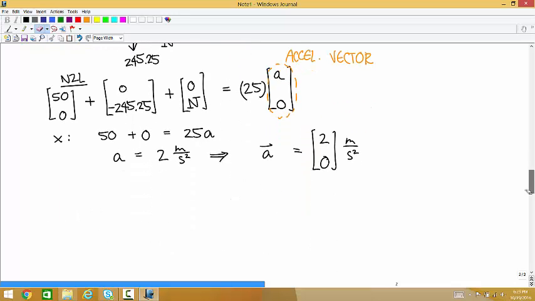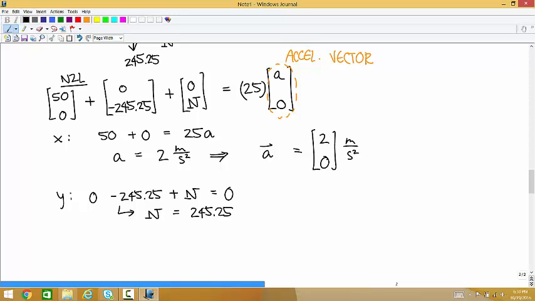Okay, and then the y equation, well, this problem doesn't ask for that, but the y equation says 0 minus 245.25 plus N is equal to 0. We could use that to solve for N. So N is equal to 245.25.